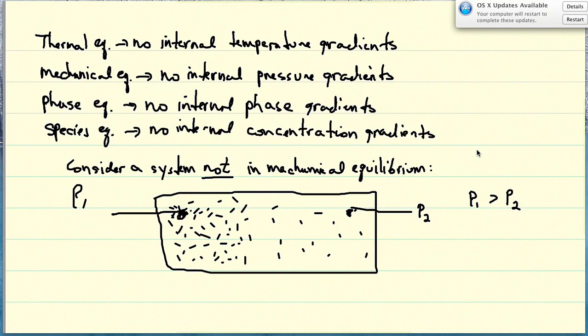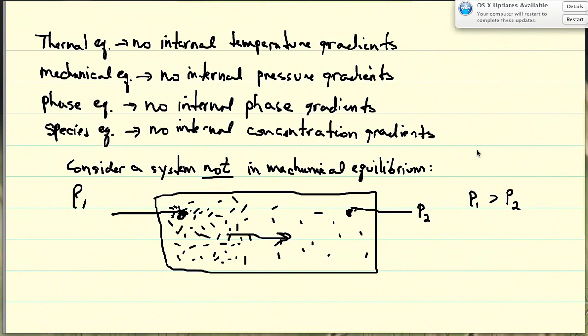What's the tendency of this mechanical non-equilibrium? The tendency is that the particles are going to flow in this direction. In other words, you have the high concentration of particles, a mechanical gradient there, and they're going to have a tendency to flow to where there's a lower concentration. Second law principle, ladies and gentlemen, second law principle. And so what happens after a period of time?